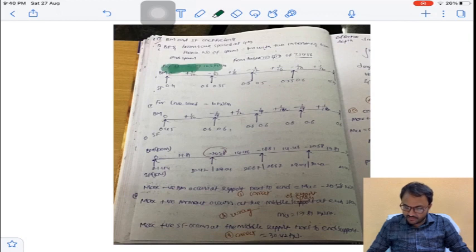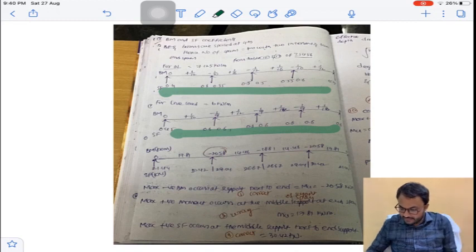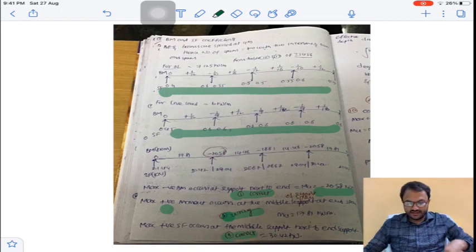Dead load we got 7.125 and live load is 6 kilonewton. So dead load diagram is this one and live load diagram is this one. By combining these two, I got maximum negative bending moment occurs at support. It is minus 20.8. Statement 1 is correct. And maximum positive bending moment: according to the given condition, statement 2 is wrong. Statement 3 is correct.